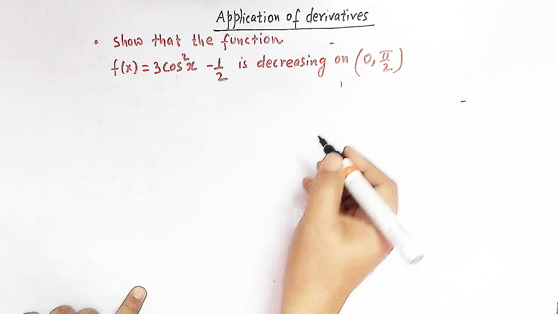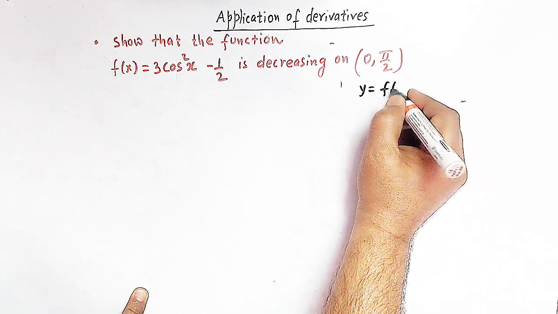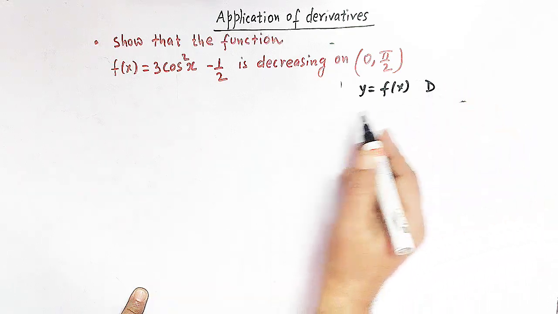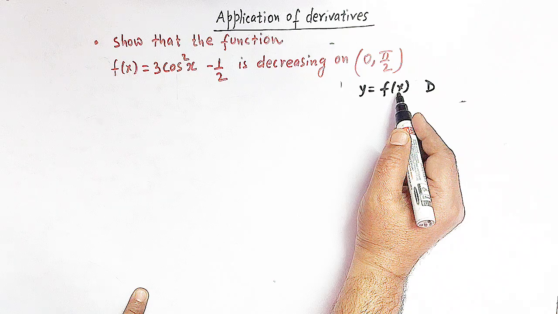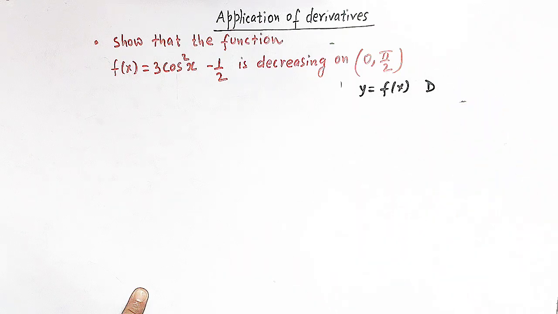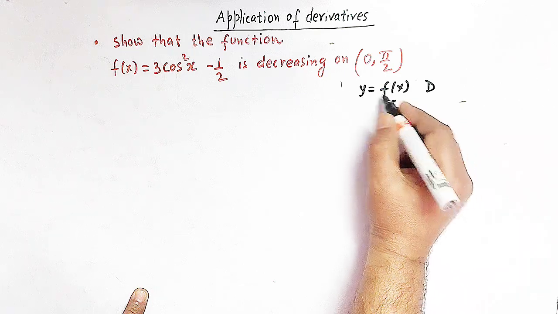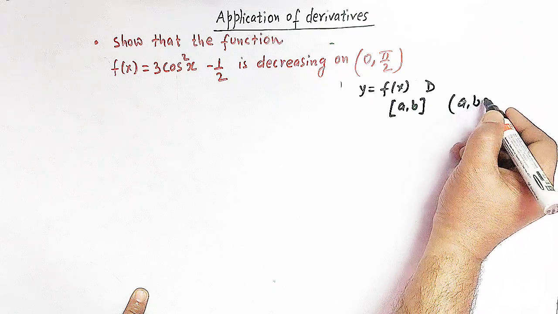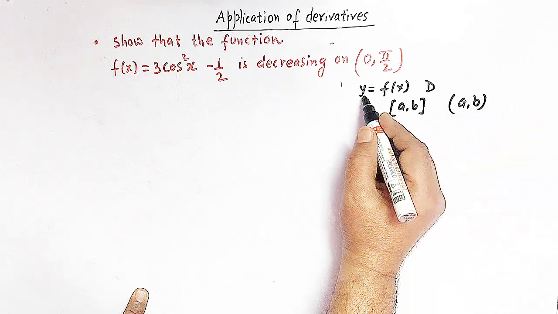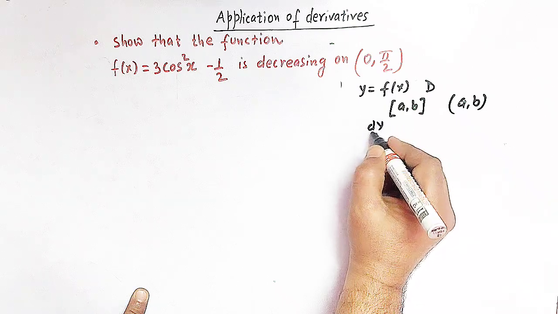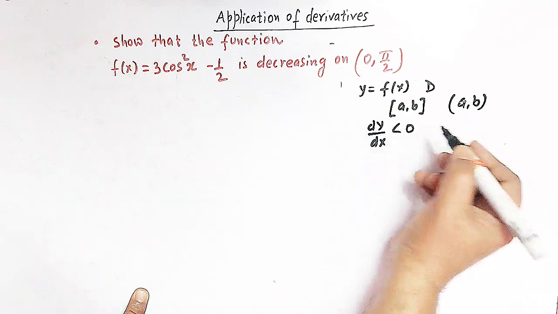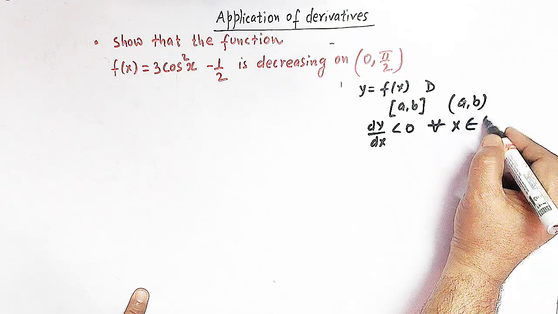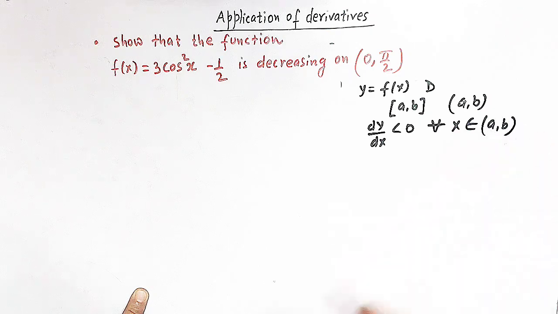We know that a function y is equal to f of x, defined in some domain D, which is continuous in some interval a comma b and differentiable in the open interval a comma b, is said to be a decreasing function if dy over dx is less than 0 for all x belonging to the interval a comma b.